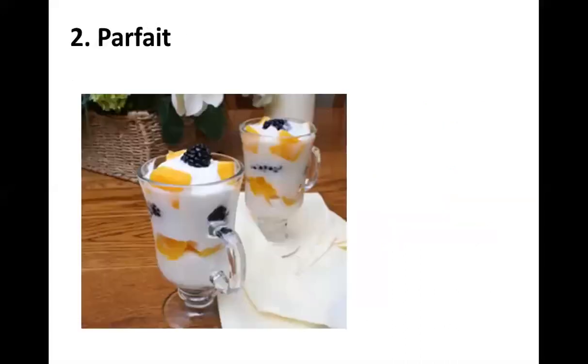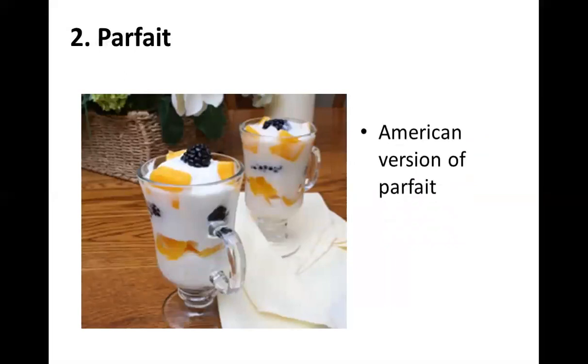This is the second style. The American version of parfait is served in a tall, narrow glass. The lightened ice cream, or often regular ice cream, is layered with various fruits, sauces, liquors, and topped with whipped cream.